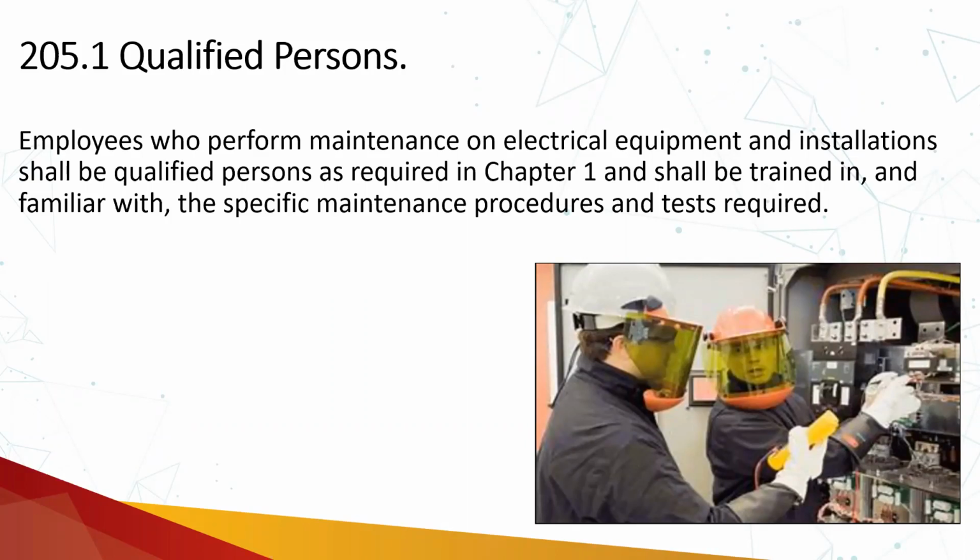Previously, the definition of the qualified person only considered the operation point of view. Now, the qualified person definition for chapter number 2 is extended beyond what is required by chapter number 1. In order to become a qualified person for maintenance activity, the person shall be trained in and familiar with the specific maintenance procedure and test required as well. This is the further requirement.